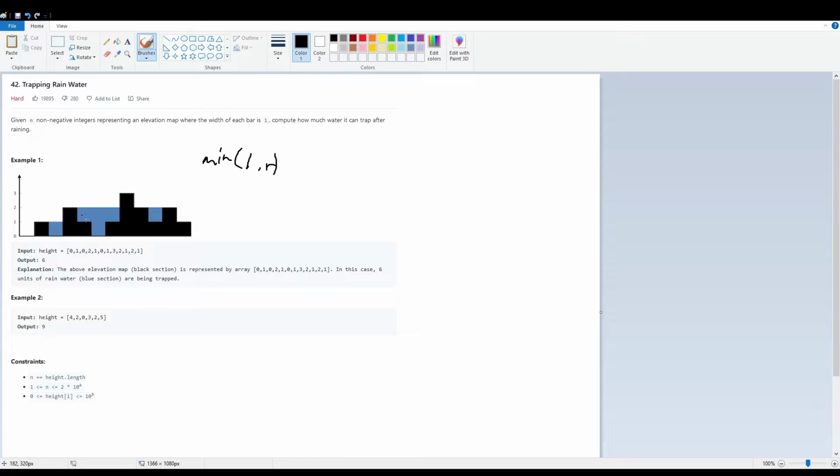So let's look at this guy here. Can we fill in any rainwater here? No, we can't, because on the left we don't have any edges greater than or equal to it, so there are none. On the right, we don't have any either.